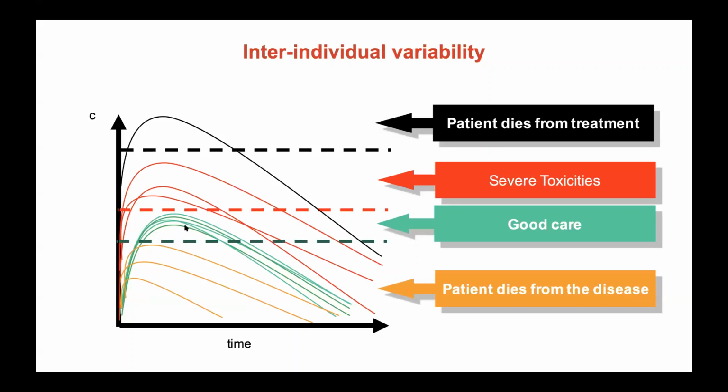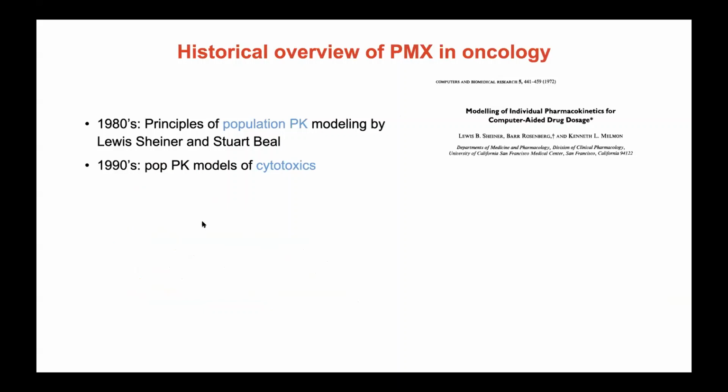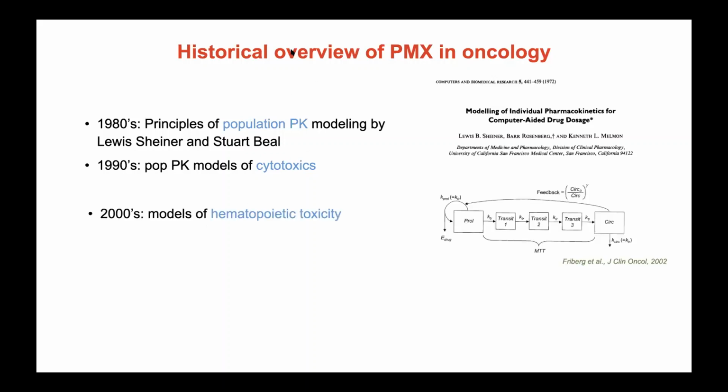So there is actually already a quite long, 40-year-old story of pharmacometrics in oncology. It starts, I think it's already quite interesting to realize, back in 1972, you can find this paper by the pioneer of pharmacometrics, Louis Scheiner, where you can see the title of the paper: modeling of individual pharmacokinetics for computer-aided drug dosage.